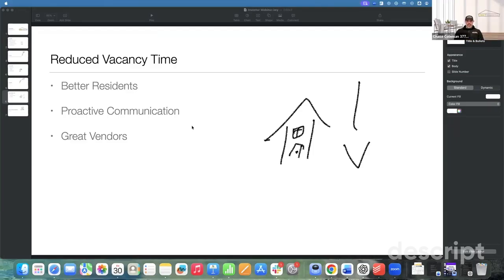I think it depends on what type of properties you manage, because there are some in Houston that I would call C class properties in certain areas. In that case, you'd probably want a little bit lower threshold on the credit score and screening criteria in general, because those are the type of people in that market.